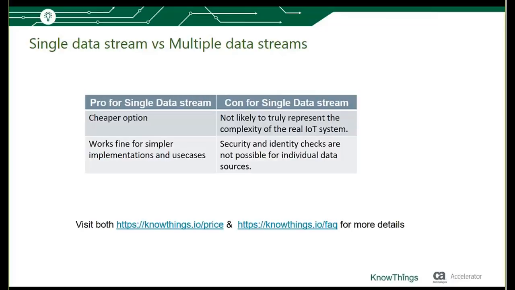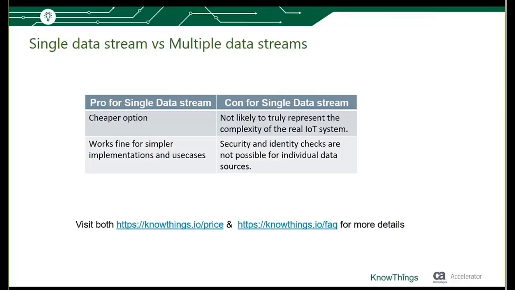The other con or disadvantage to mention is that when you create a data stream, it has an identifier. That provides the ability to do additional security and identity checks, which is not possible if you create a single data stream to treat the whole device, not as individual data sources.